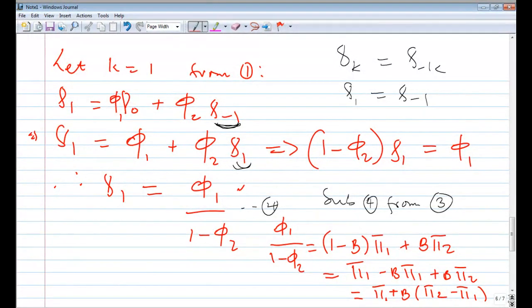Then we just want to find the value of B. Remember, we just want to find the value of B. So let me just go down.